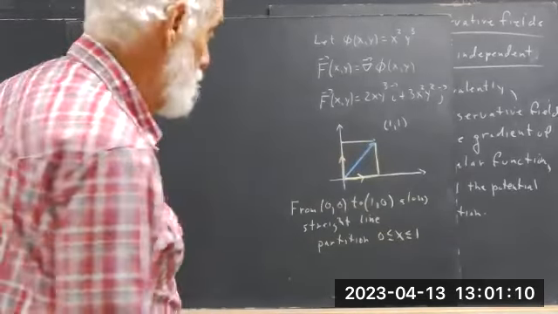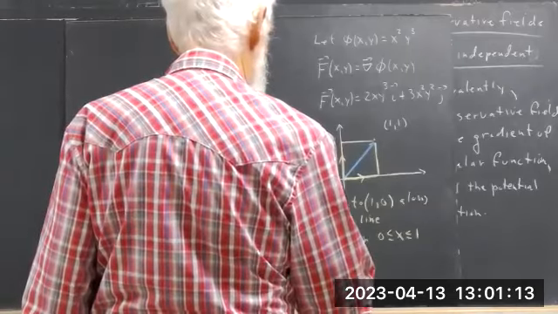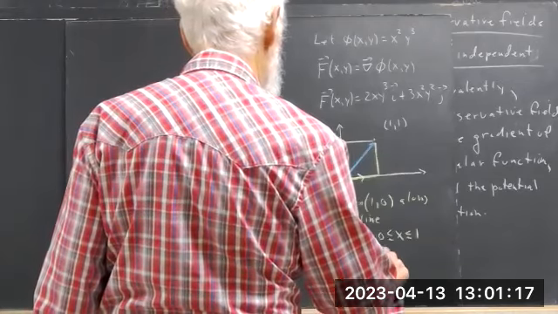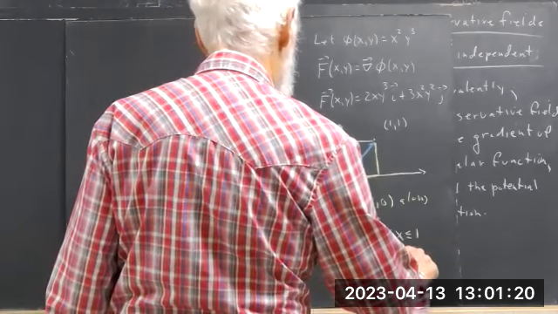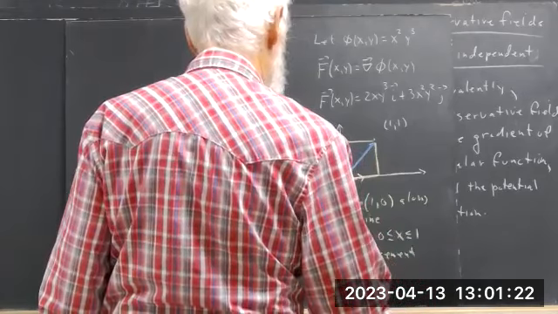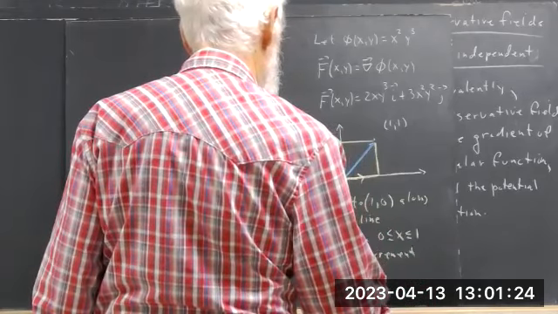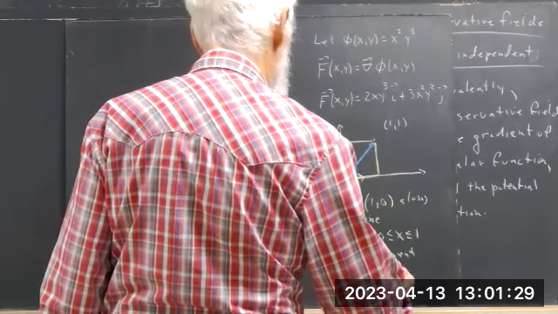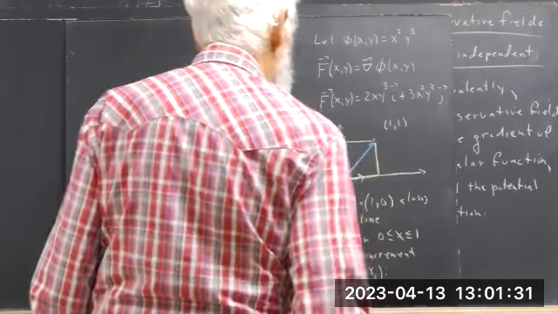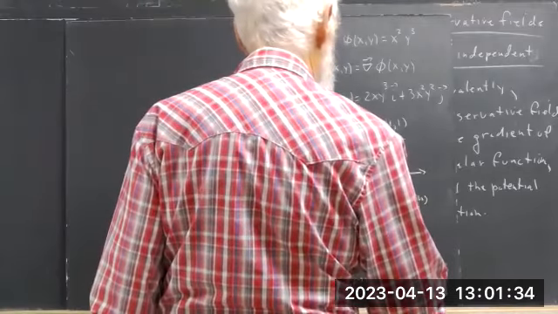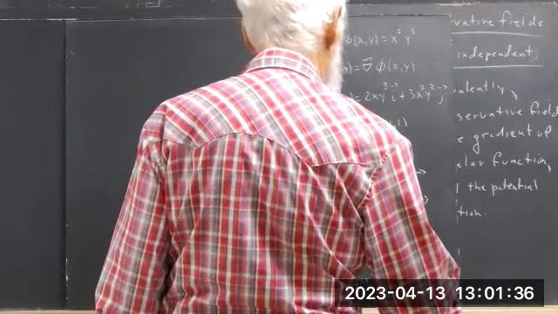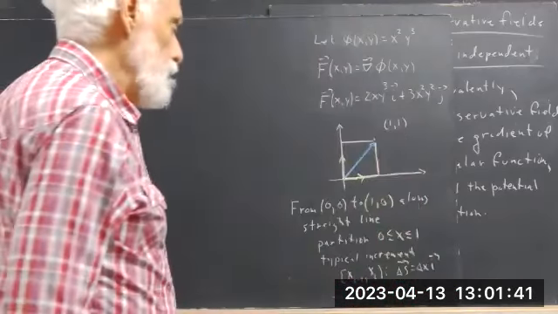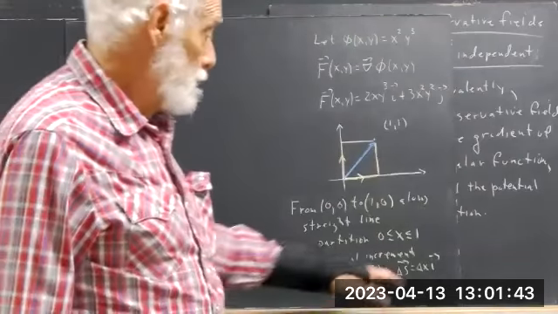Okay, now I'm not going to write up the whole partition. Delta x is a vector, it's equal to delta x times i.